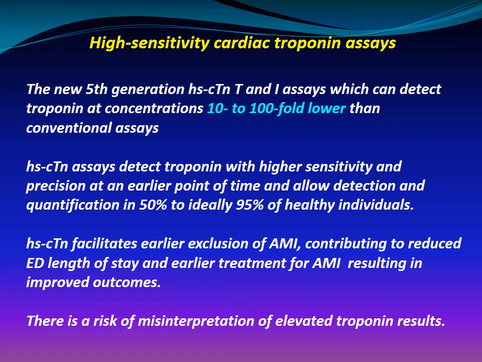High sensitivity cardiac troponin facilitates earlier exclusion of acute myocardial infarction, contributing to reduced emergency department length of stay and earlier treatment for acute myocardial infarction, resulting in improved outcomes. There is a risk of misinterpretation of elevated troponin results.